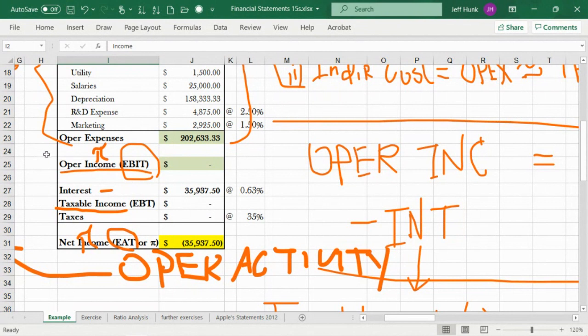But because this is also called operating income, and operating income is the same thing as operating profit, is income the same thing as profit, or the same thing as earnings? No, the answer is no.